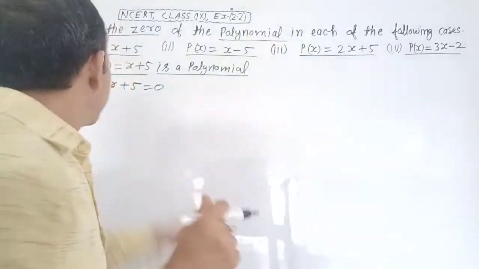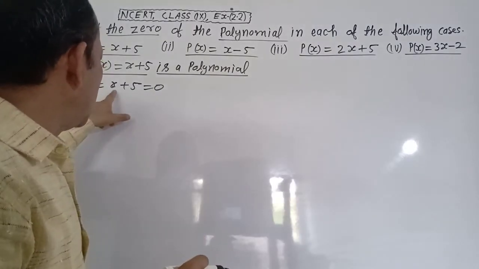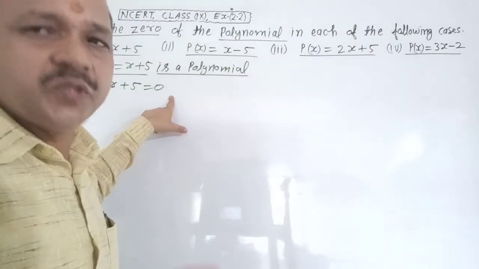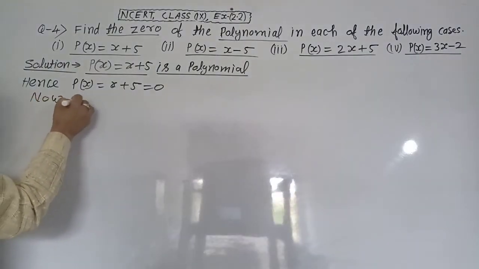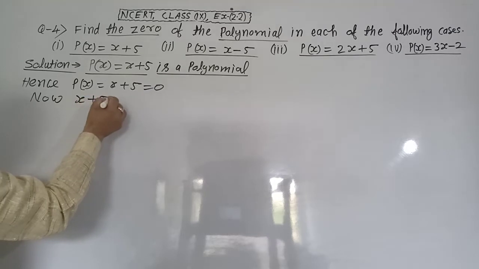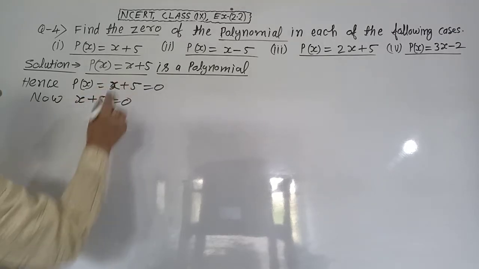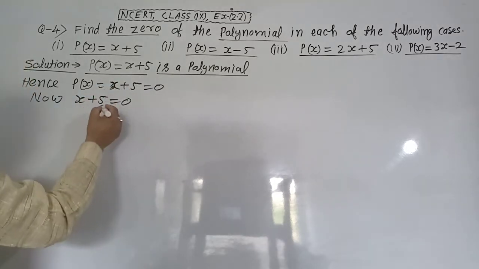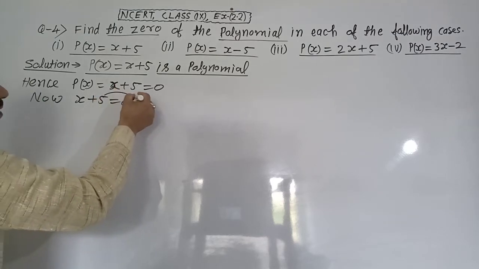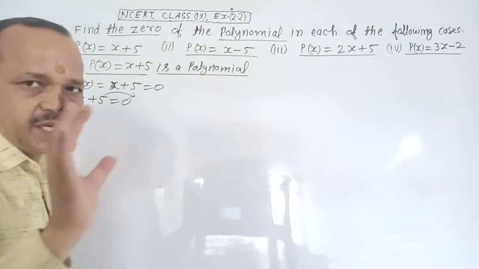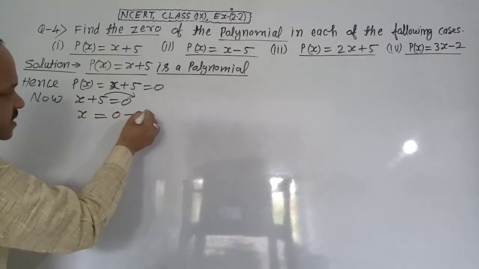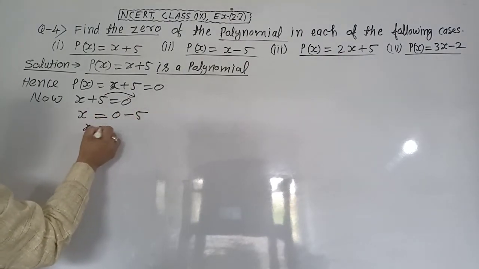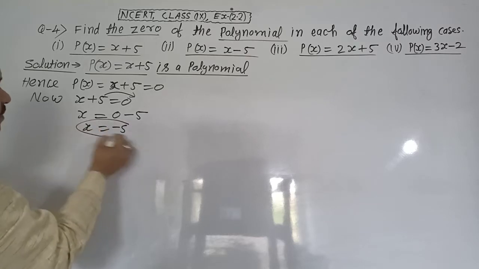It is clear? Now, x plus 5 equal to 0. You can write 5 on the right side. Clear? x equal to 0 minus 5. x equal to minus 5.